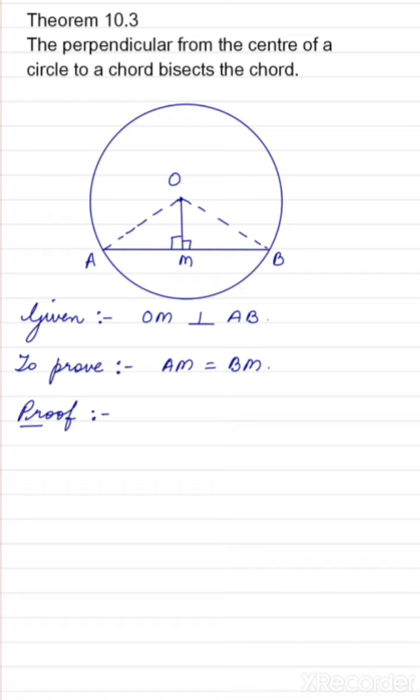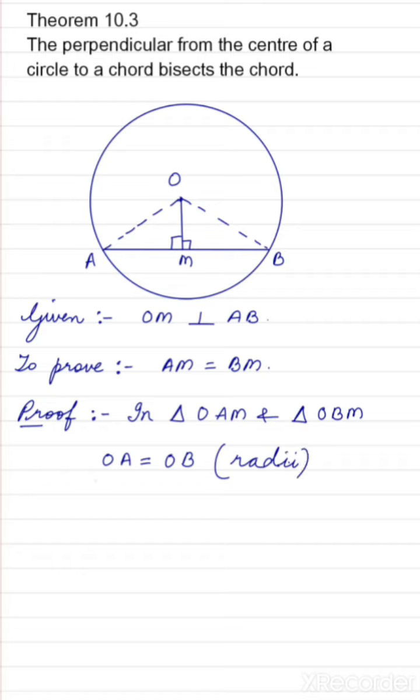Let's see. So in triangle OAM and triangle OBM, OA is equal to OB since they are radii of the same circle.